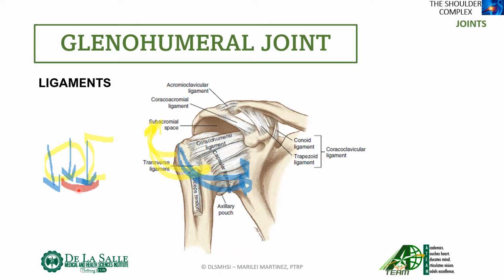Remember, the anterior band of the inferior glenohumeral ligament is taut at 90 degrees abduction and extreme ER. So if there are forceful and dynamic activities involving abduction and external rotation of the glenohumeral joint, that will stress the anterior band of the inferior capsule, including the anterior band of the inferior glenohumeral ligament.